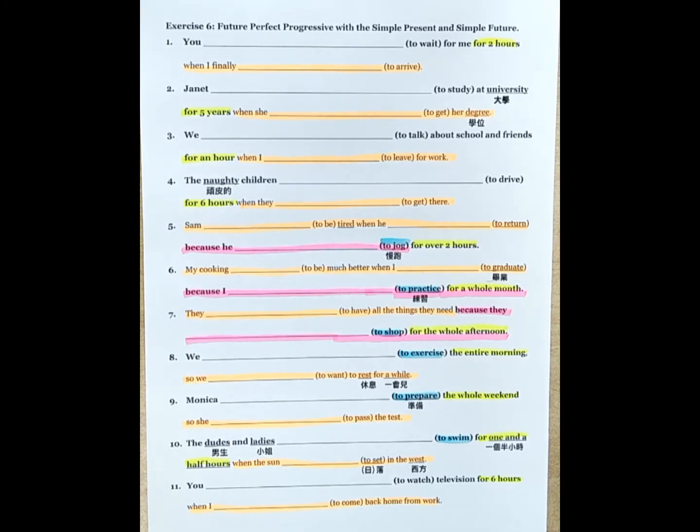The dudes and ladies are going to have been swimming for 1.5 hours when the sun sets in the west. 11. You are going to have been watching television for 6 hours when I come back home from work.